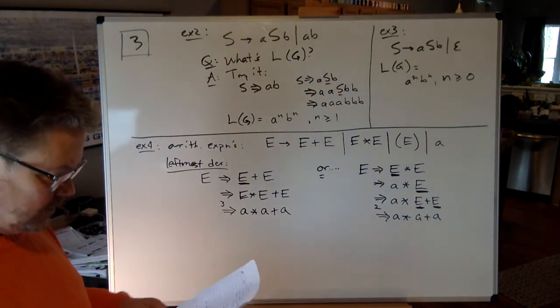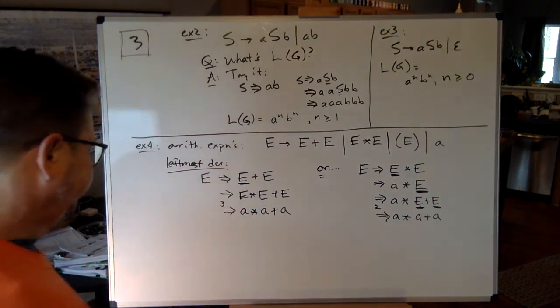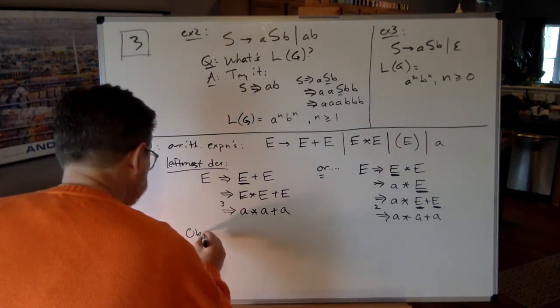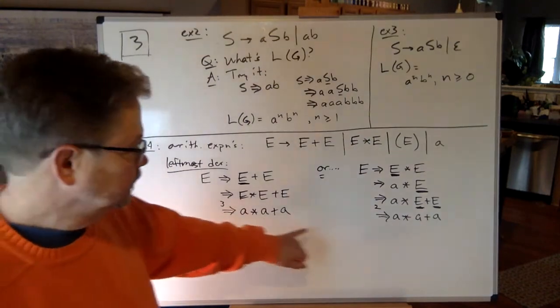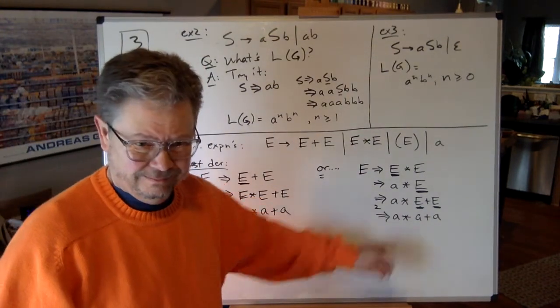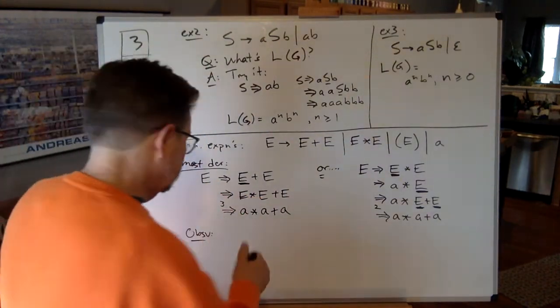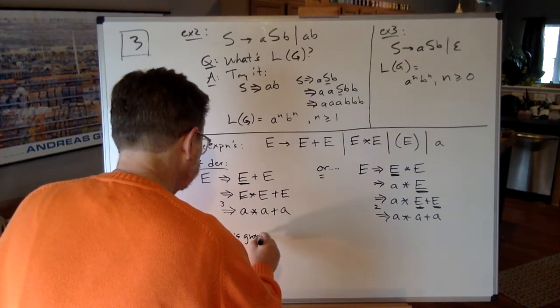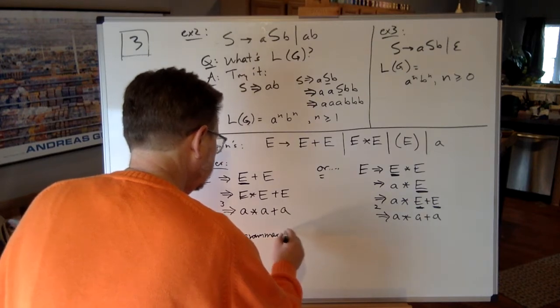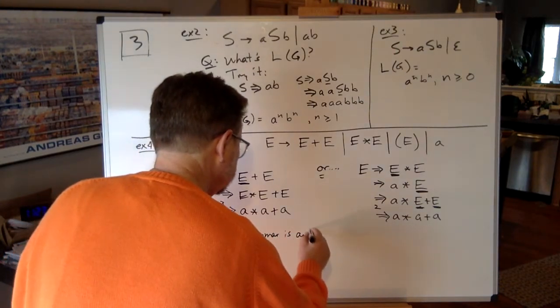And you have an observation to make, don't you? Your observation is exactly right. This grammar is ambiguous.